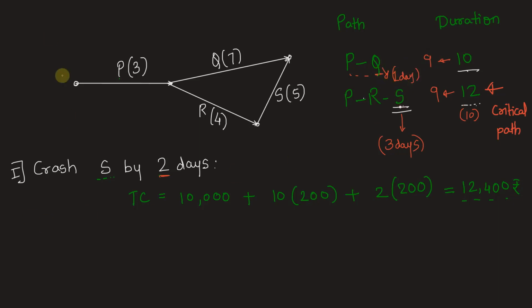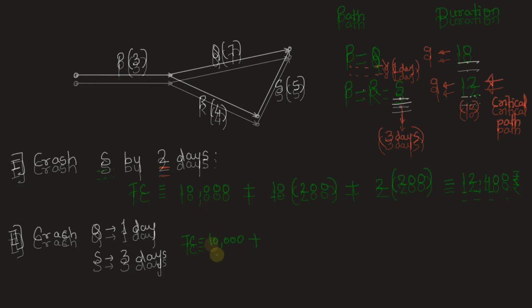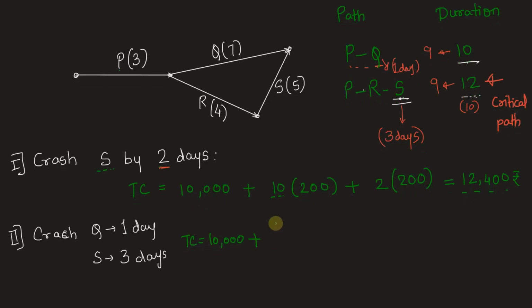Let's calculate the total cost after this crashing is done. So in the second step, we are crashing Q by 1 day and S by 3 days. Total cost will be equal to, again, the normal cost 10,000 rupees plus the overheads depending on the project duration in days, which is 9 days, times 200 rupees per day.